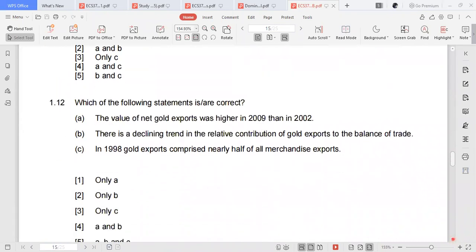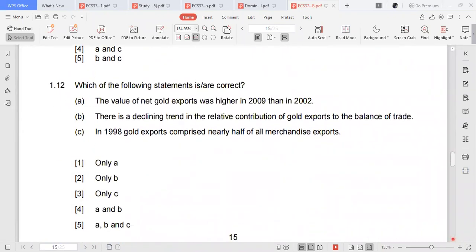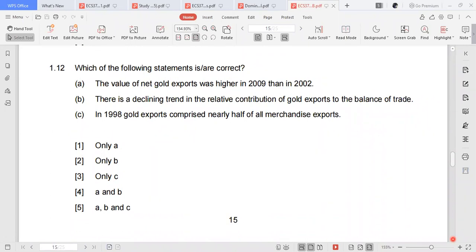Okay, let's take a look at question 1.12. Which of the following statements is or are correct? Okay, so from this question, you can see it is referring us to somewhere. The value of net gold exports were higher in 2009 than in 2002.